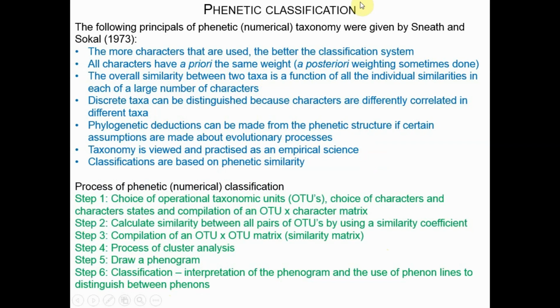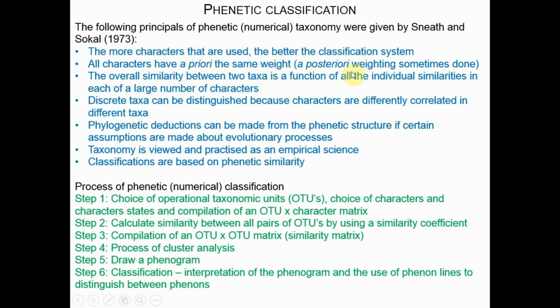So the first, phenetic classifications, is also called numerical taxonomy, and it follows the principles set out by Sneath and Sokal in 1973. And these principles are that the more characters that are used, the better the classification system. This is true also for phylogenetic systems. All characters have a priori, or at the outset, the same weight.